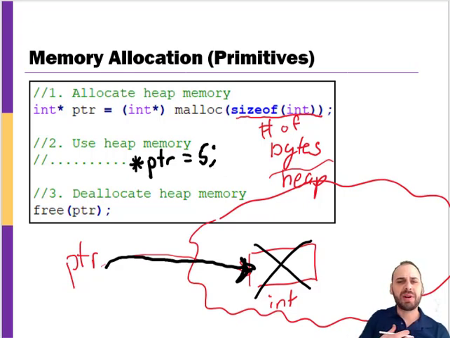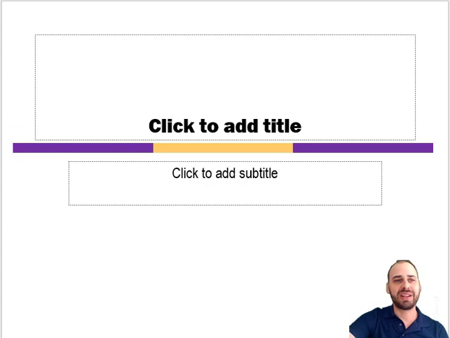I also want to point out that this is the same idea for other types of data type primitives. If we were going to use malloc to store, say, a double, it's going to follow pretty closely what you would expect. Let me give you an example.